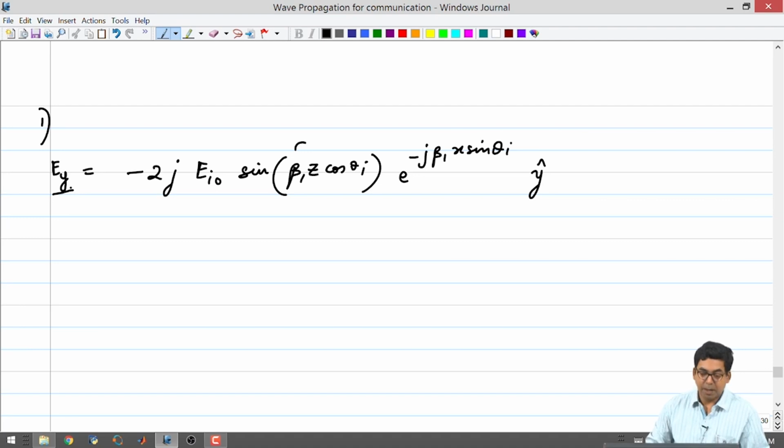This was my total electric field in medium 1. Now let us look at this more closely and see what else we can infer from it.